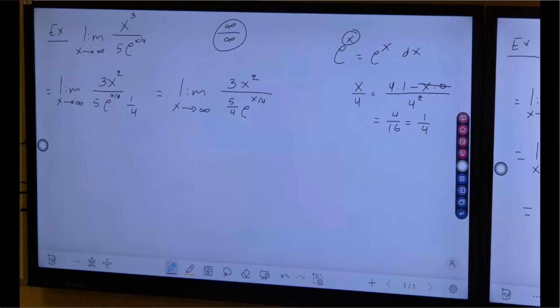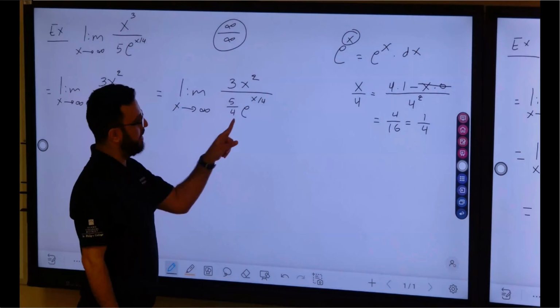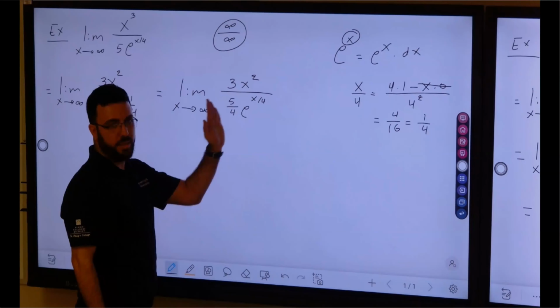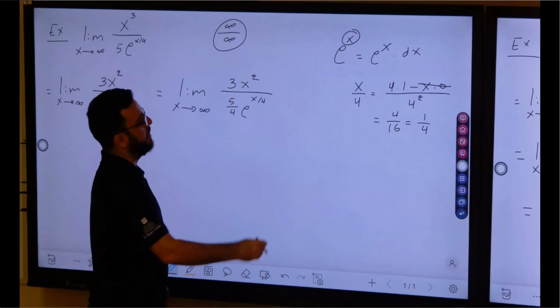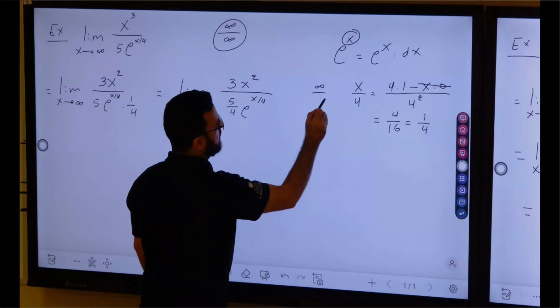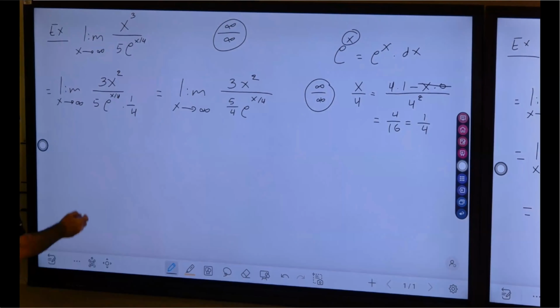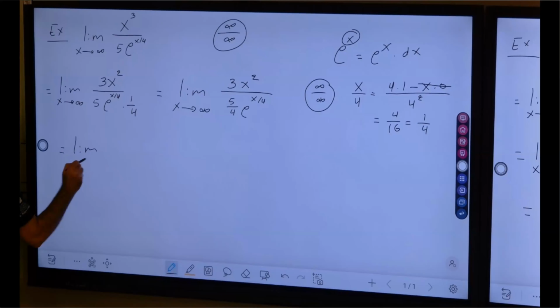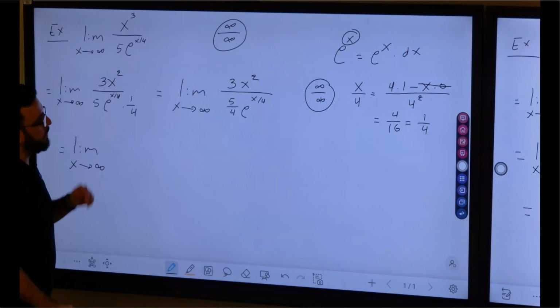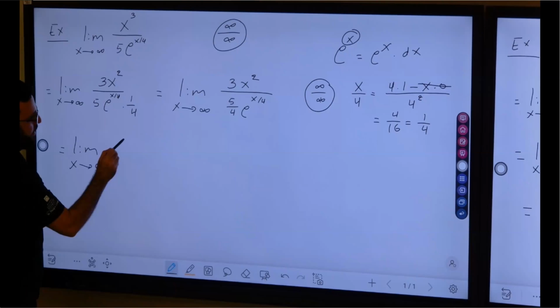Now, can I use the rule again? This is infinity. This one is still infinity. This number times infinity is infinity. That means it satisfies the condition, so I can use the rule again. So this part is going to be equal to the limit as x approaches infinity. The derivative of the top is 6x.